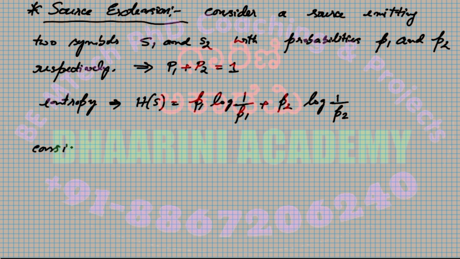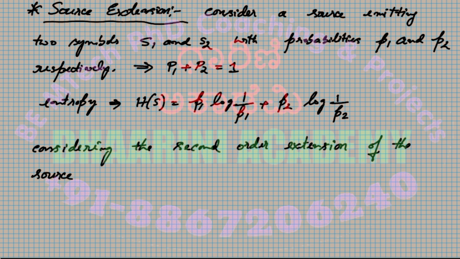Considering the second order extension of the source, say source S, we'll write that as S squared.